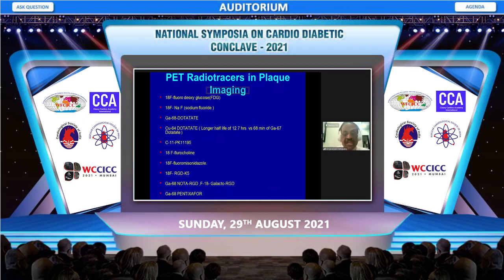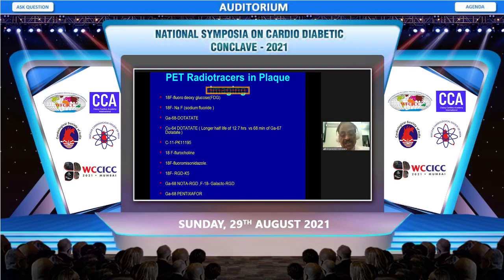So what are the PET tracers available? As you know, 18F FDG is used very rampantly and efficiently in all oncology patients, so we started with 18F FDG. Then comes the very potent agent, 18F sodium fluoride. This is a bone-seeking agent, a bone scan agent. Then gallium-68 DOTATATE, then copper-64 DOTATATE.